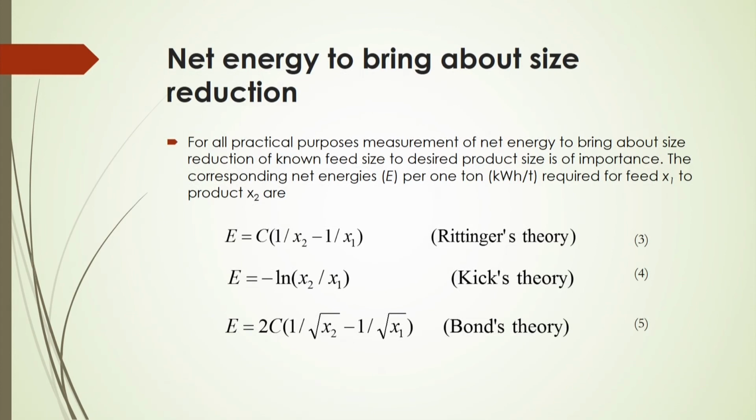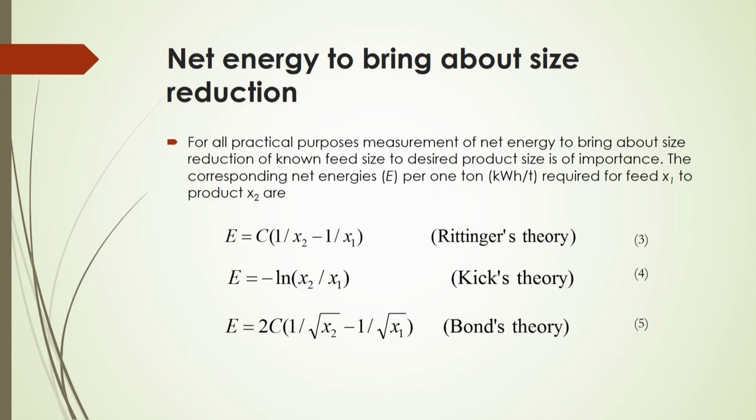Now, the net energy to bring about this size reduction, to reduce the size of the particle inside the bed, for all practical purposes this measurement of the net energy to reduce the size of the particles to the desired product size is very crucial to know here.